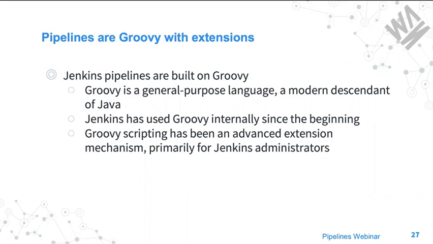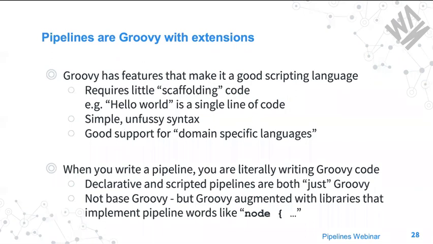So this allows us to make use of these capabilities to make a very good scripting language that doesn't require a lot of scaffolding code. It has a fairly simple syntax that's relatively unfussy. It's got a few things about the syntax that are going to strike you as odd the first time you really spend some time using it. You get used to it. And it's useful to understand the origins of the pipeline in Groovy to understand why the syntax is the way it is.